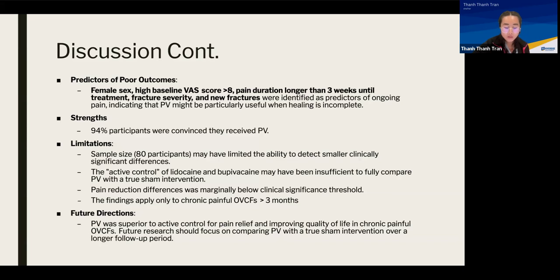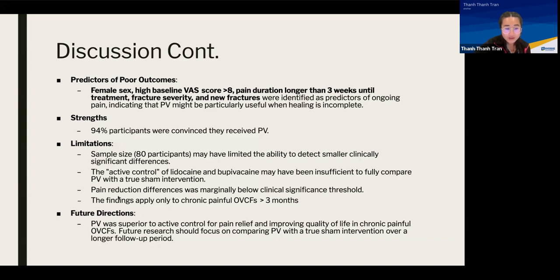So this means that while the results were statistically significant, they may not translate to a meaningful improvement for patients. And the last limitation has to do with generalizability. Because the findings apply only to chronic painful OVCF lasting more than 3 months, they may not extend to acute cases.